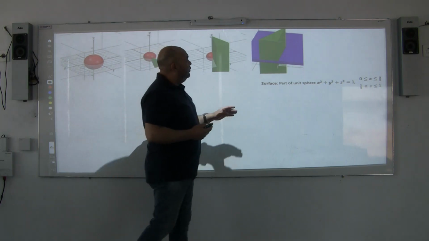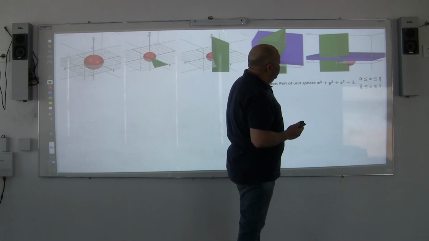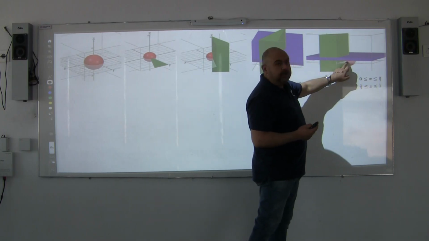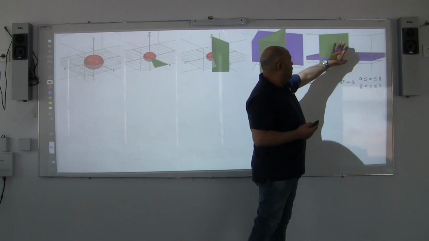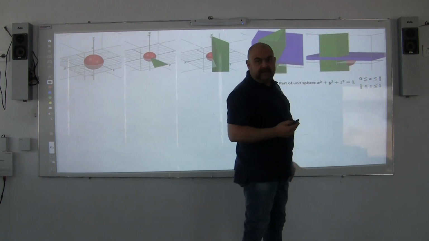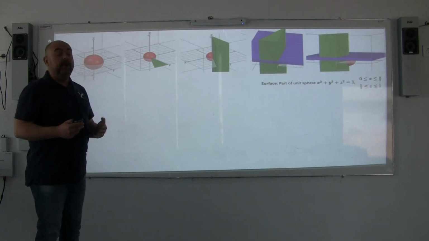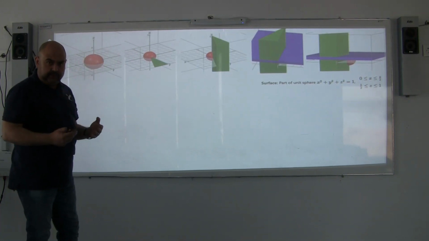Okay, and for z between half and 1, that's the part that we are interested in. The sphere, the prism intersection, and the plane, as you can see. You will have to understand all of this, or this has to be understandable for you.